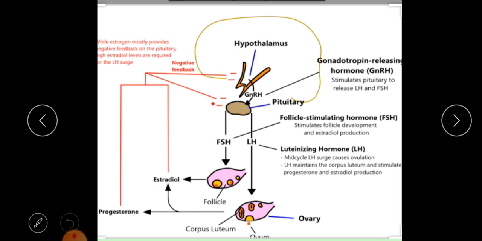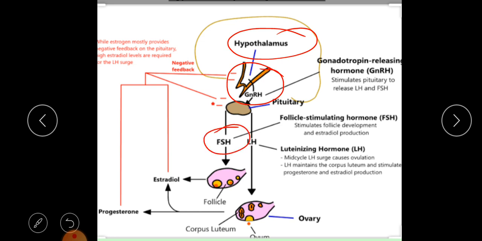In the hypothalamus region, the gonadotrophin releasing hormone is secreted, and the pituitary releases the follicle stimulating hormone and the luteinizing hormone. Follicle stimulating hormone helps in follicular development and estrogen production. Luteinizing hormone helps at the mid cycle; it surges and causes ovulation.